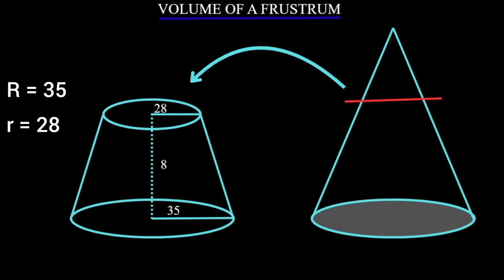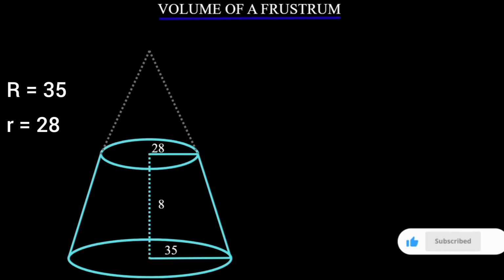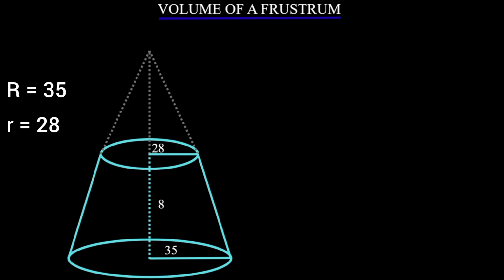Now for us to get the volume of this frustum, we need to get back the initial figure of the cone. So this is how this shall be. Then this height here, we shall call it small h. Now notice that we have two frustums, that is the bigger frustum and this smaller frustum.